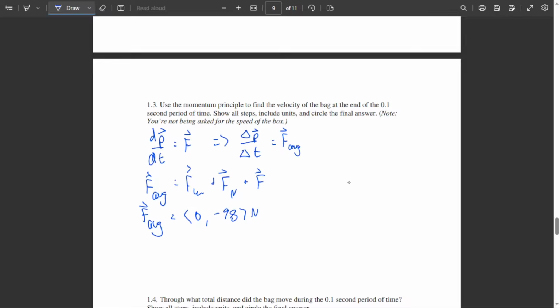Normal force is going to be opposed to that. Can't calculate it yet though. And then the applied force, which we need to use some trig in order to calculate what each component is.